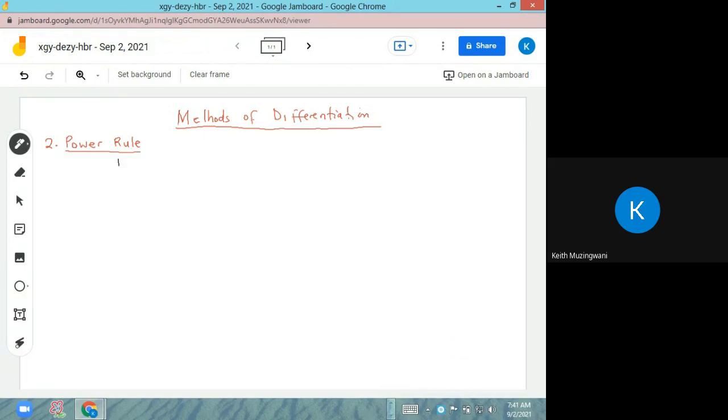So if y is equal to x to the power n, then the derivative of y is equal to n x to the power n minus 1.